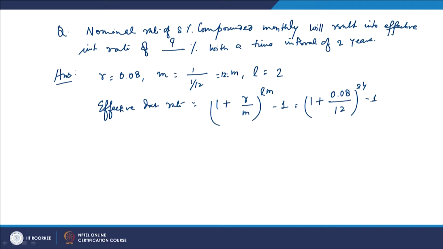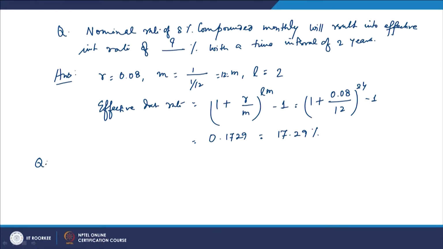If you calculate it, it comes to 0.1729. It means it will be 17.29% per 2 years. So, for the interval of 2 years, the effective interest rate comes out to be 17.29%.